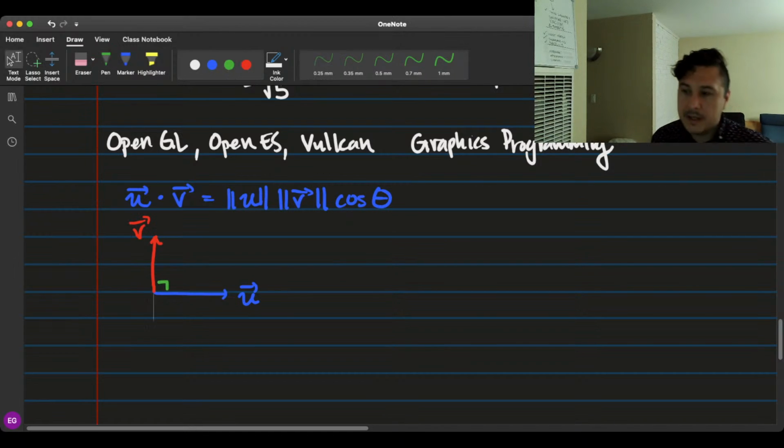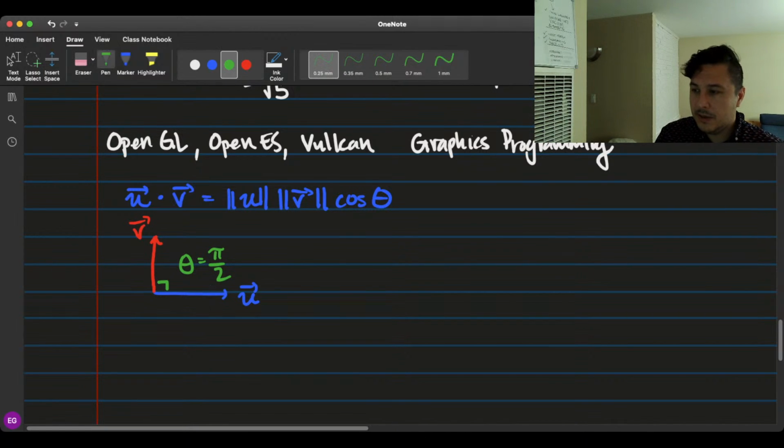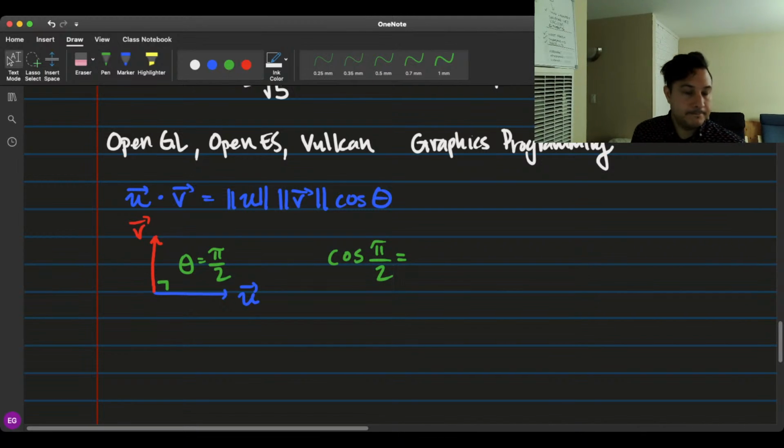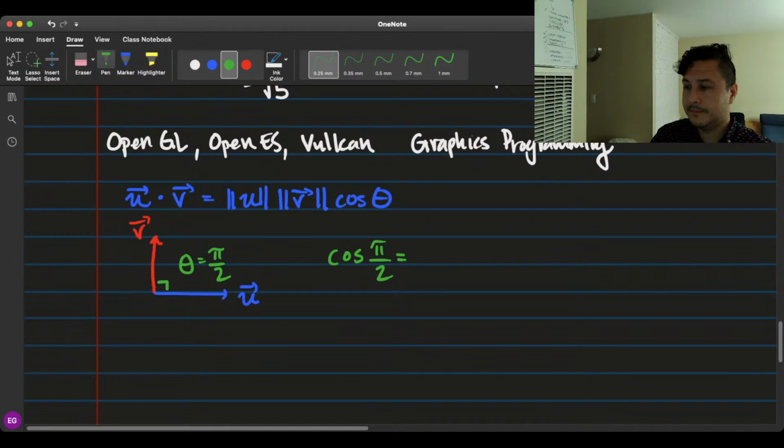I've drawn them at a right angle to each other, so my angle is pi over 2. So, what do you know about the cosine of pi over 2? Isn't it 0? Yeah. So, if the cosine of pi over 2 is 0, what do you know about U dotted with V now?